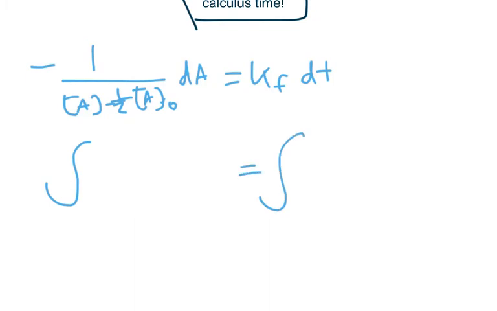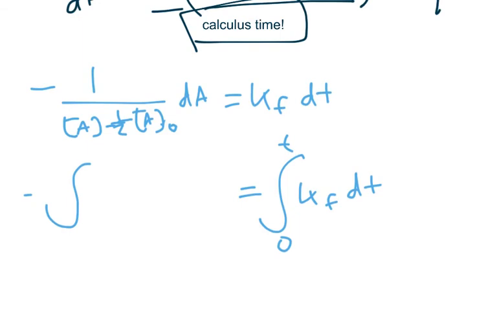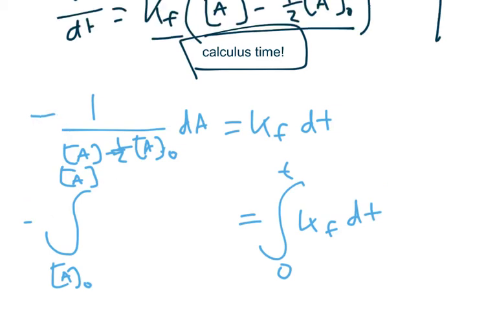So the integral from time 0 to time t of Kf dt is equal to the negative, and our initial concentration is A0, and our final concentration is just any arbitrary concentration after time t, which can be written as AF or just simply A. And inside the integral, it will be 1 over A minus 1/2 A0 dA.